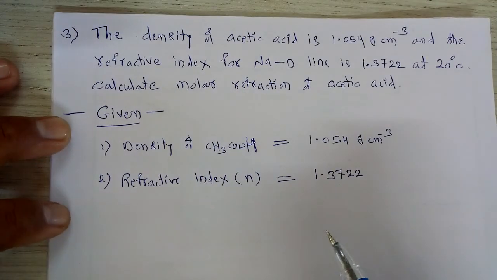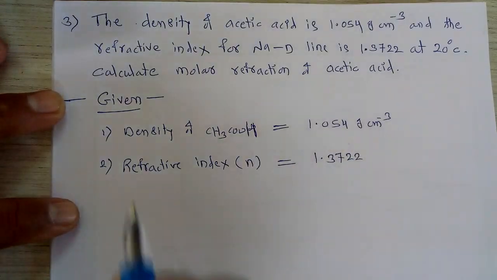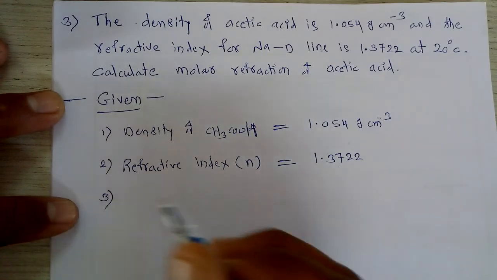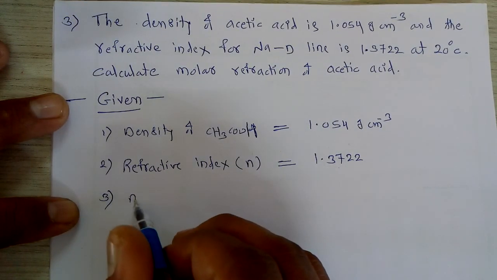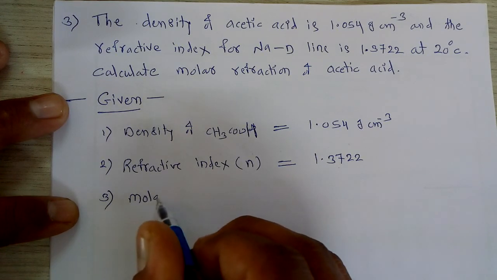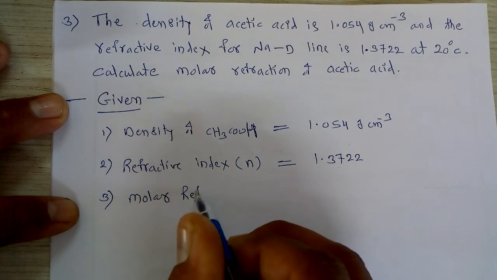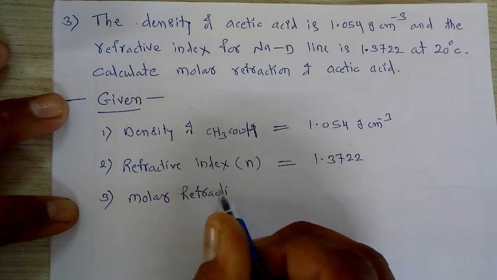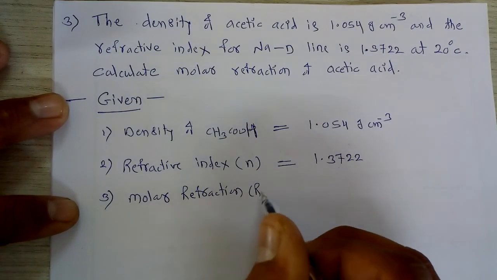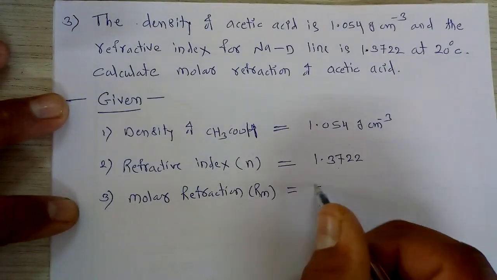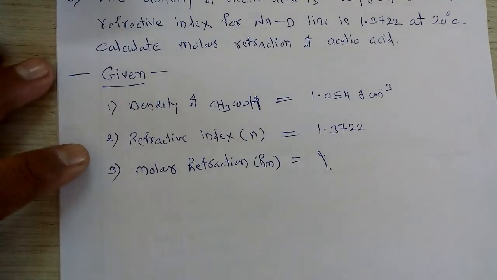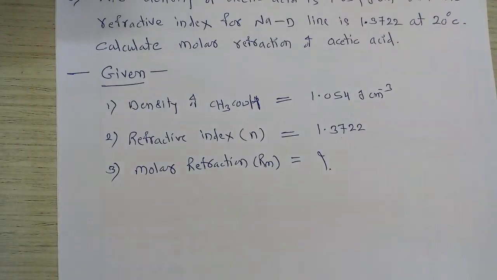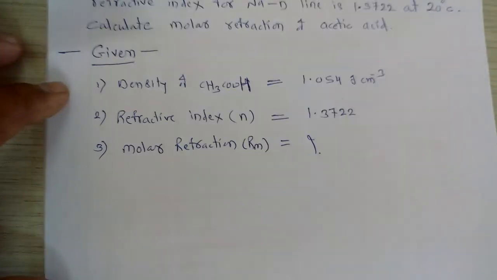So these two parameters are given, and what we have to calculate? We have to calculate the molar refraction, that is Rm. So by using these two parameters we have to calculate the molar refraction of a particular acetic acid molecule.